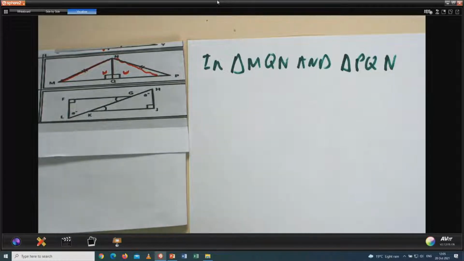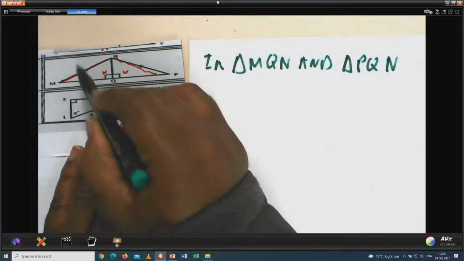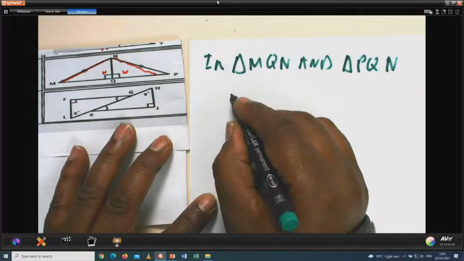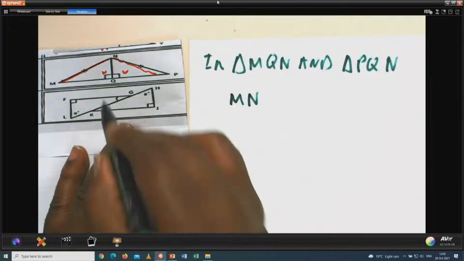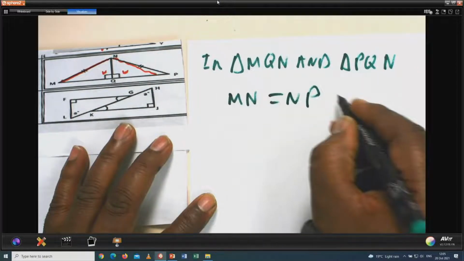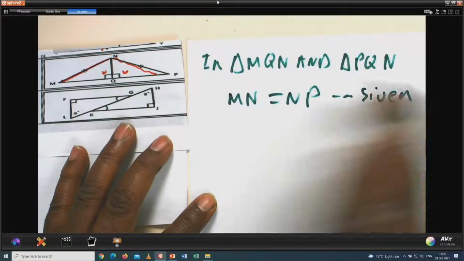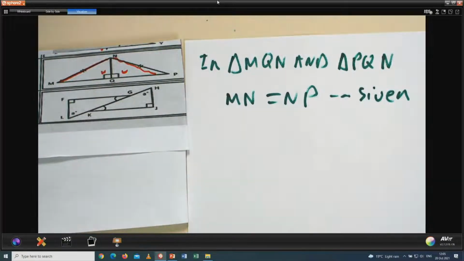All right? Now we start. The side MN is equal to side NP. How do you know? It's given with that sign. Same sign means they're equal. That's mathematical language. It's given.